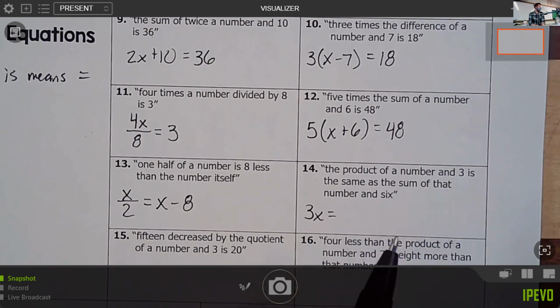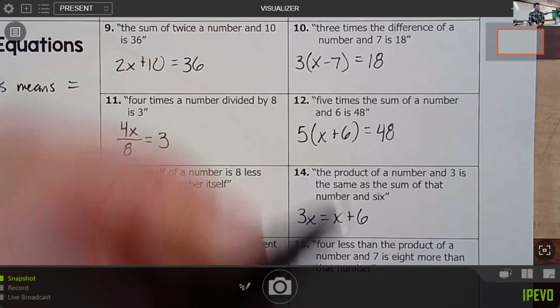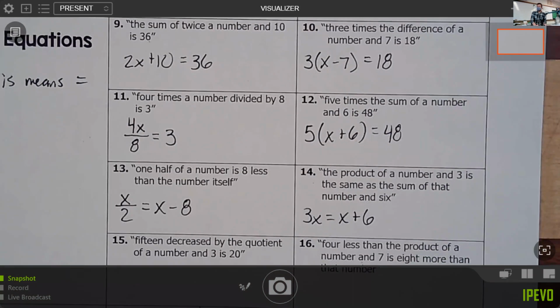The sum of that number, which is x, and 6 would be x plus 6. So that one ended up being a lot less complicated than the last one.